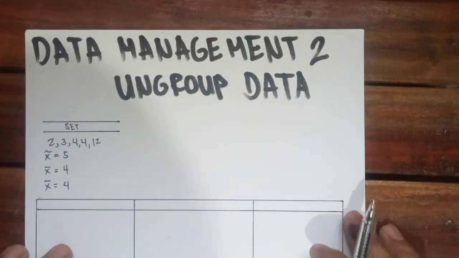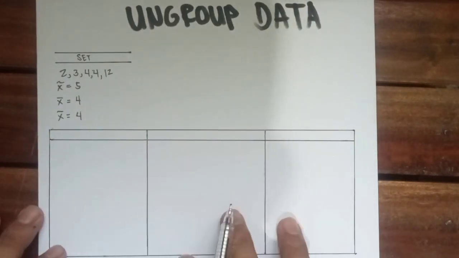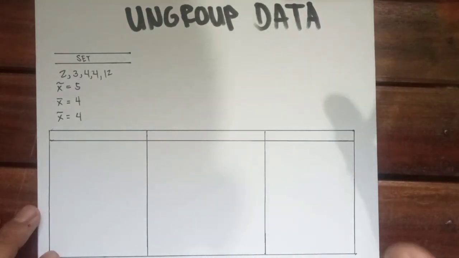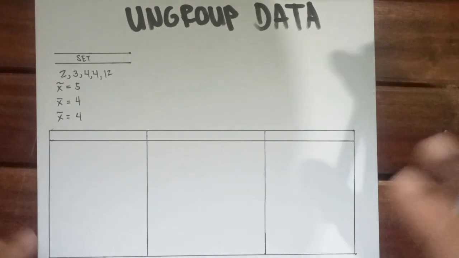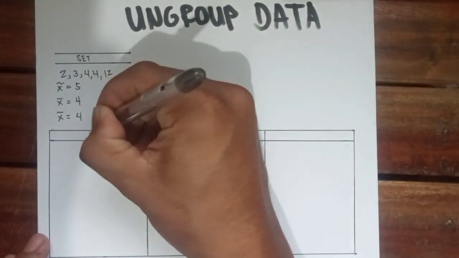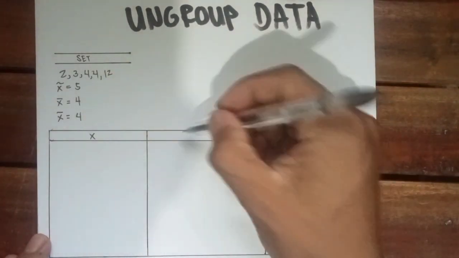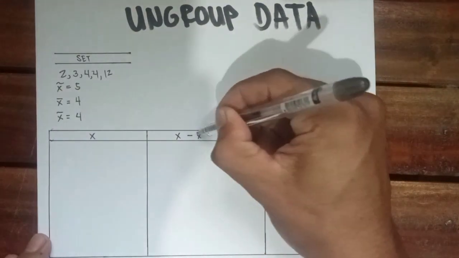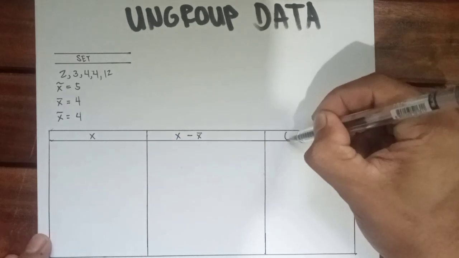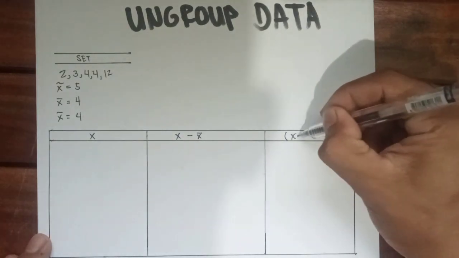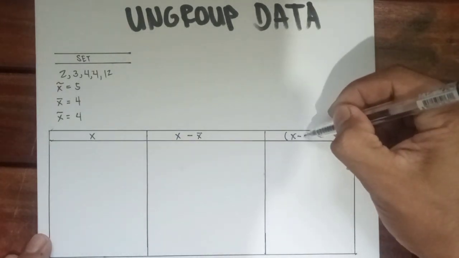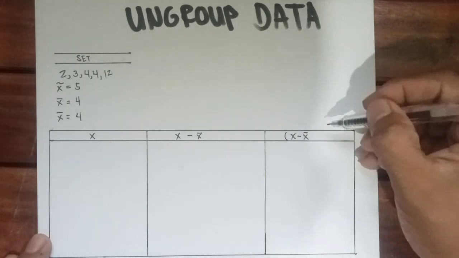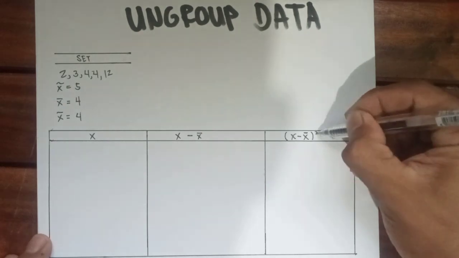Alright. So, dumako na tayo dito sa ating table at hahanapin natin dito yung standard deviation, variance, at saka ang ating range. So, lagay natin dito yung x. Lagay natin dito yung x minus the mean. And dito naman po is x minus mean squared.